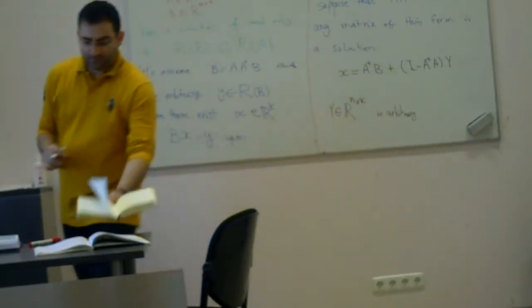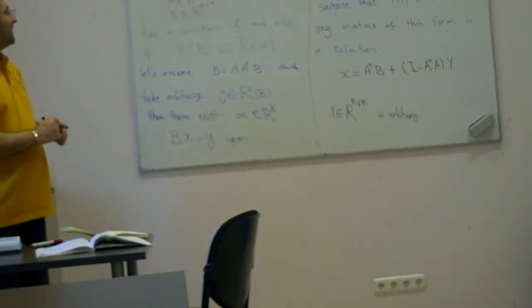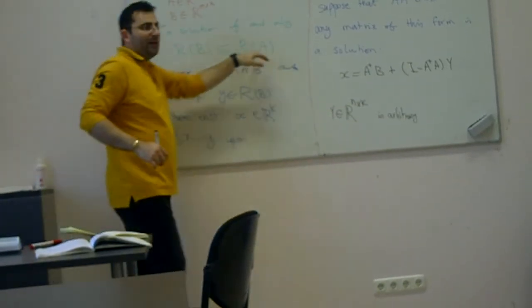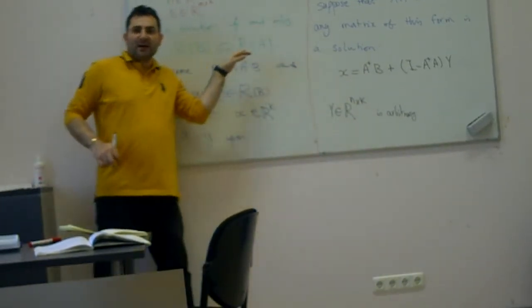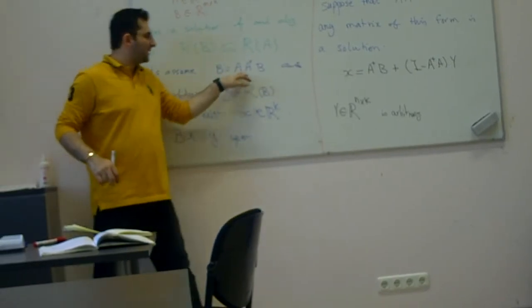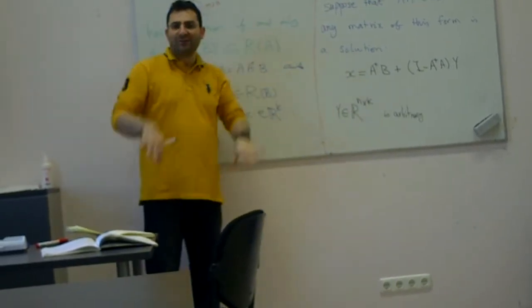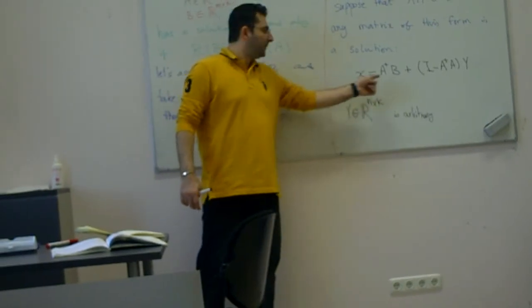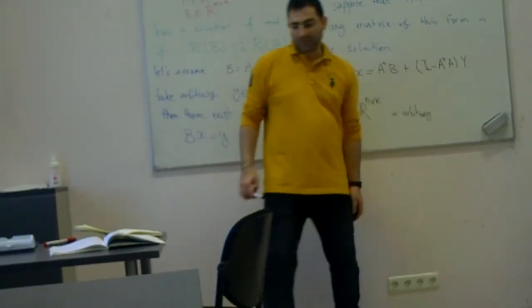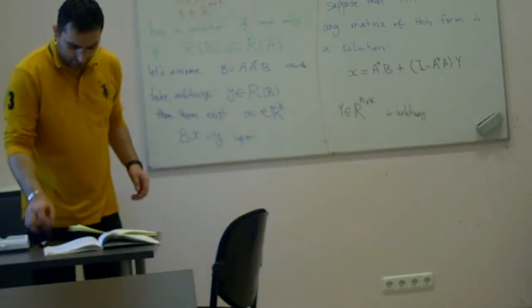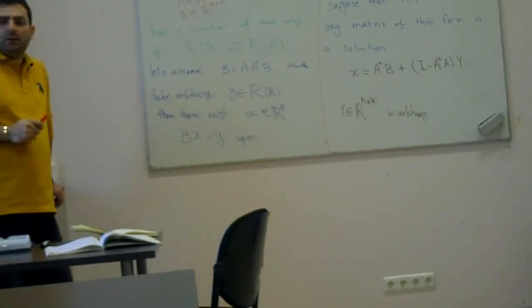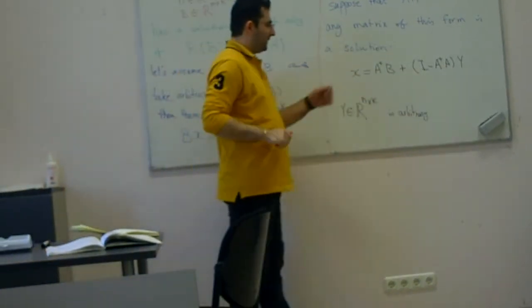So the existence theorem tells me that if range B is a subset of range A, in other words, if B is equal to A plus B, I have a solution. And here is the solution. Solution is A plus B plus I minus A plus A multiplied by Y. Y is any arbitrary matrix that I have.